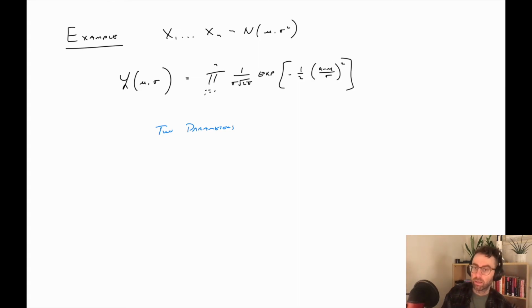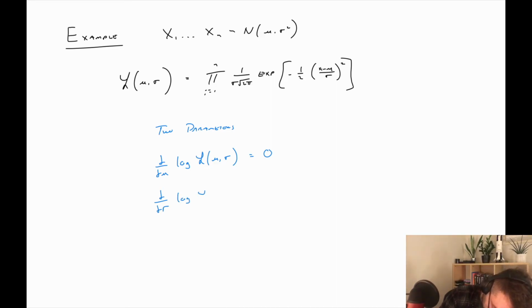Supposing that I had the log likelihood, which is the log of what you see here, I would take a derivative with respect to mu of the log likelihood. I think we're writing the likelihood as a function of sigma, that doesn't really matter. And set that equal to 0, along with taking a derivative with respect to sigma, setting that equal to 0, and then doing some stuff, but ultimately solving the system of equations.